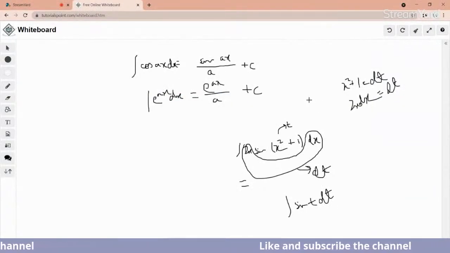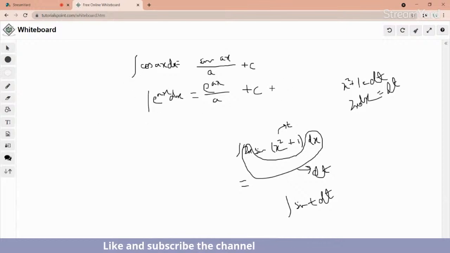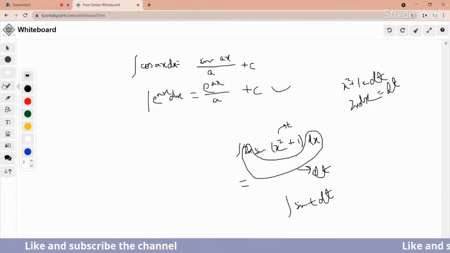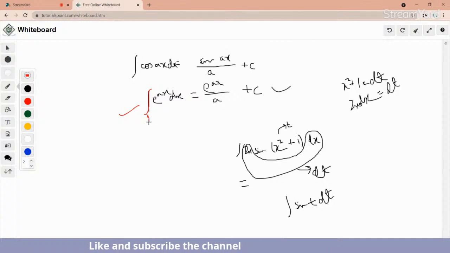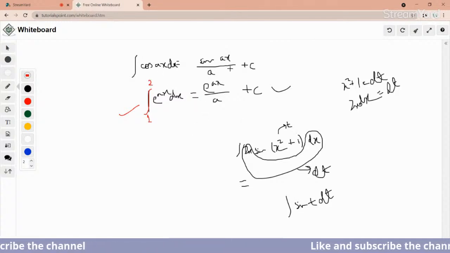Just take a sum here itself. Just take this one. Suppose the lower limit given here is 1 and the upper limit given here is 2.